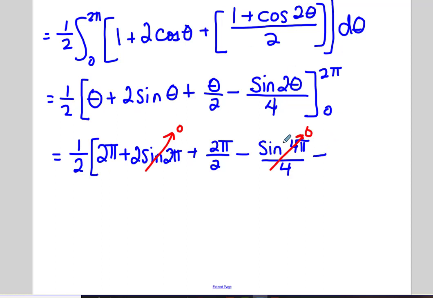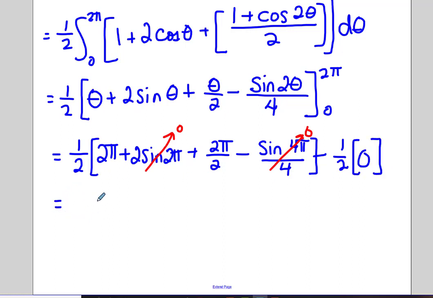And then we subtract the value at 0, and the sine of 0 is 0. So all of those are 0.